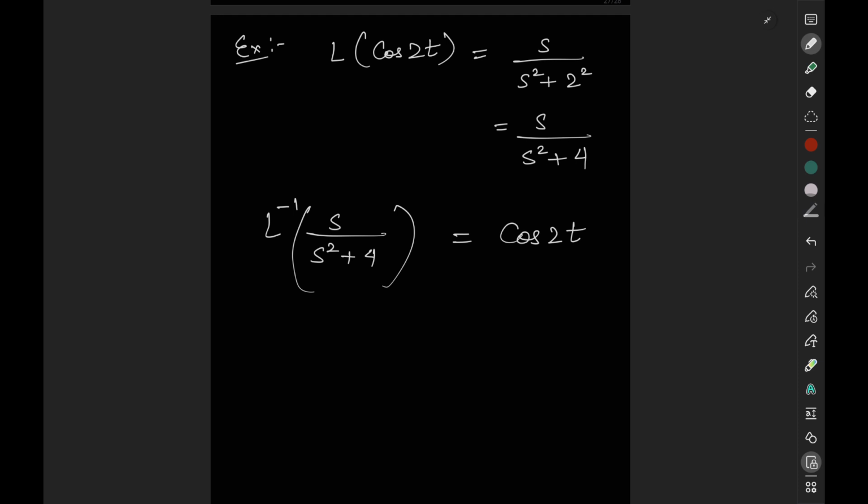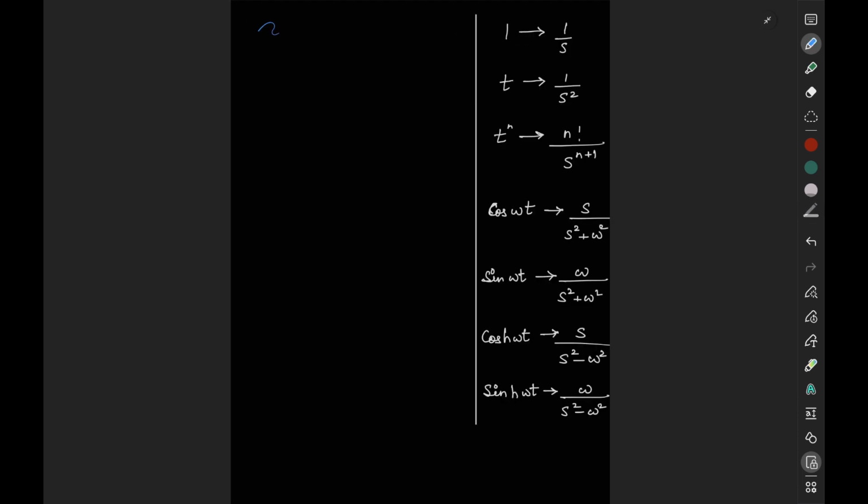Now we will solve some inverse Laplace transform questions. To do that, I have written the basic Laplace transform of some functions on my right hand side. You must remember this for the examination. So if we have to find the Laplace inverse of (4s plus 1) upon (s square minus 25).